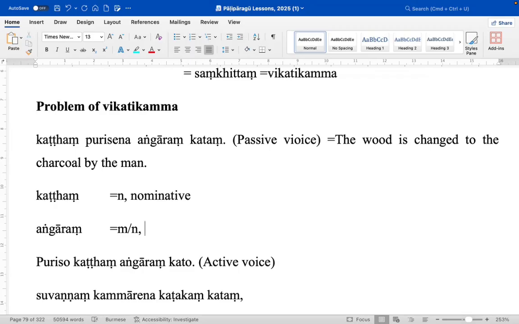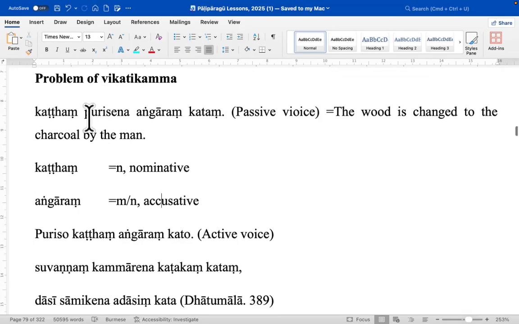Ankara, neuter, is accusative. Later it will become clearer. In this case, because Kata is neuter gender, it is not clear, because Kata looks like accusative case. So this is passive voice.